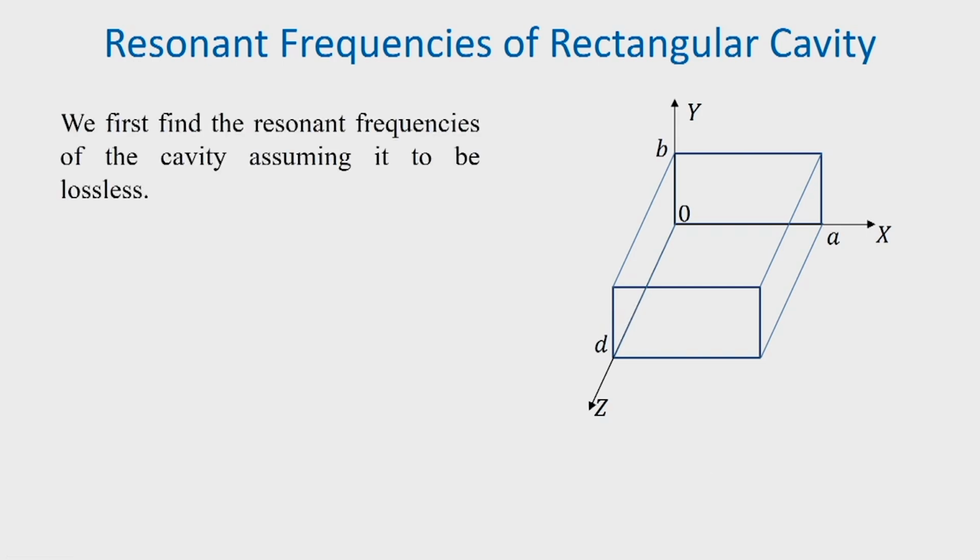We first find the resonant frequencies for such cavity, assuming that the cavity walls are lossless and also the dielectric material, if any, present within this cavity, it is also lossless.